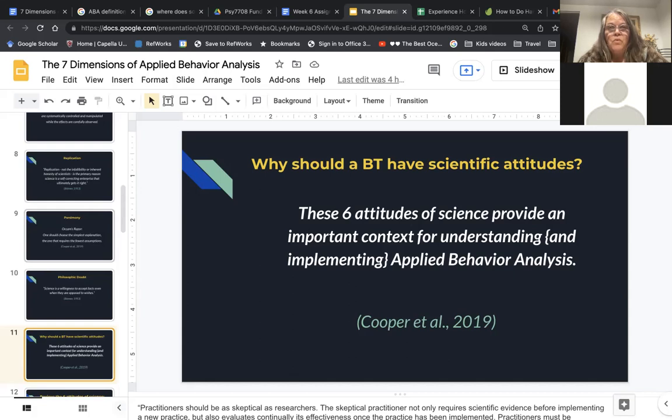So when we have these scientific attitudes, then we can understand the context of applied behavior analysis, because all of this science is behind the different programs that are written for individuals and the procedures that are followed.